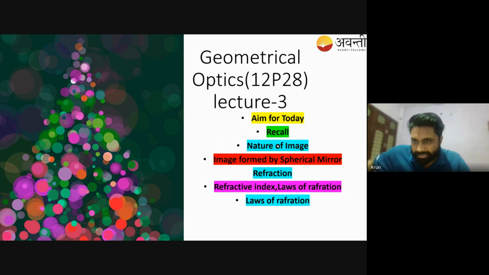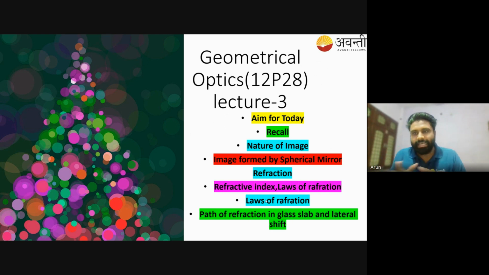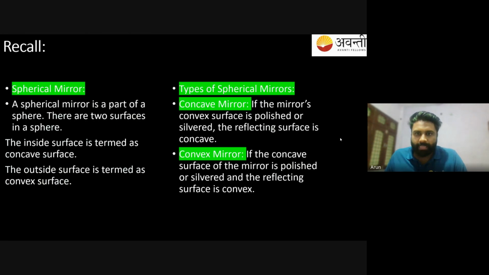So we are going to discuss it as well. And then laws of refraction, it comes multiple times because I have to say something more about the laws of refraction. That is why I have mentioned it 2 times. Okay. Then the path of refraction in glass slab or lateral shift. Okay. So let's move on. Are you guys ready?